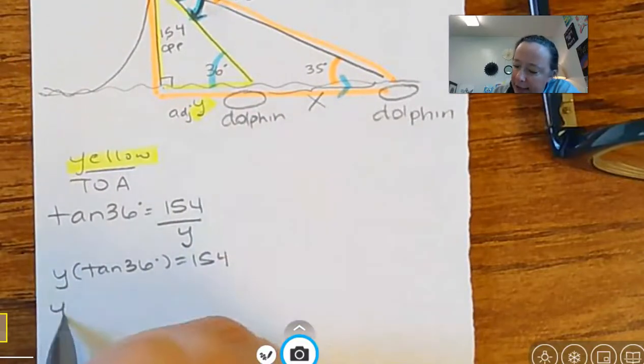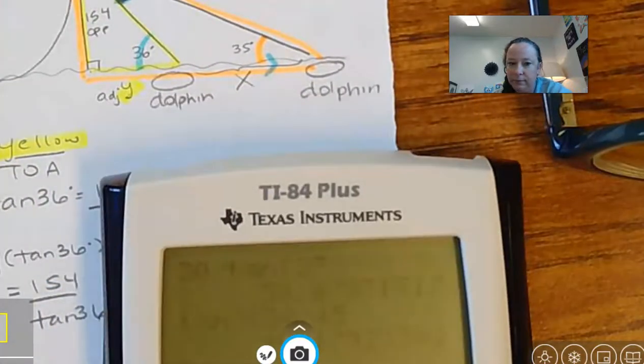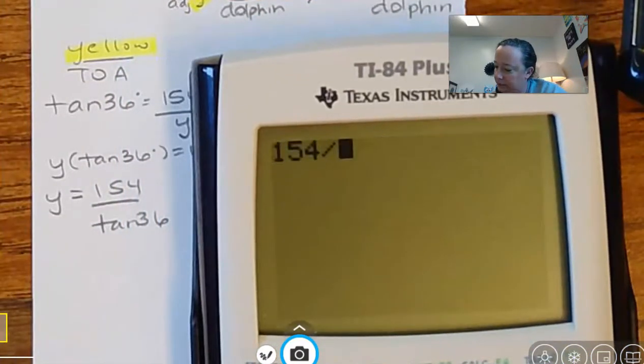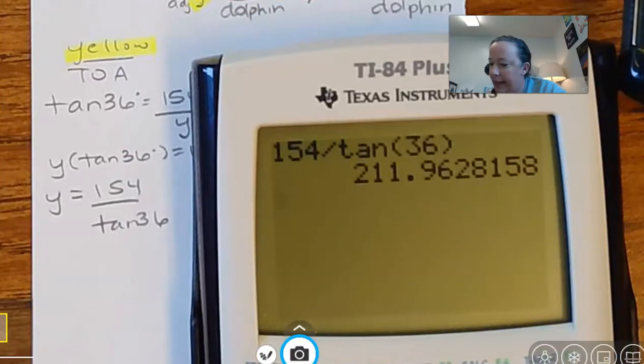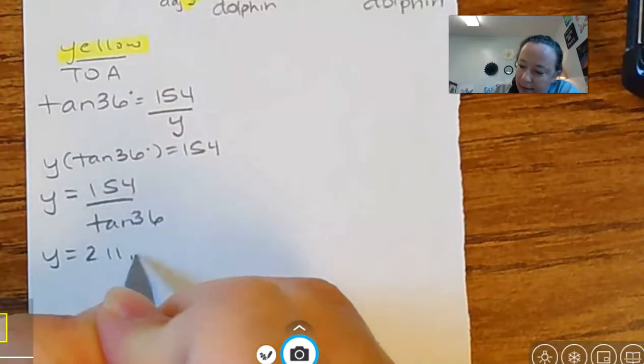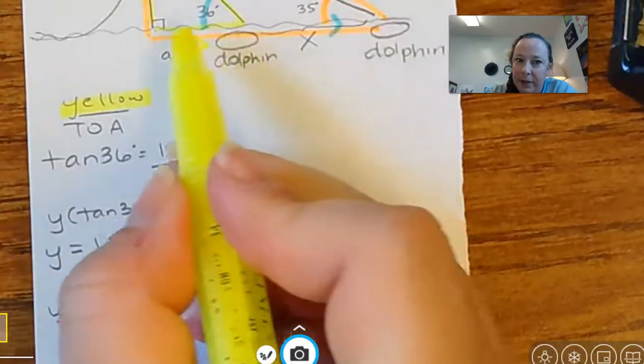Divide by tan 36. And I get that y distance is 211.96. That's the yellow distance here.